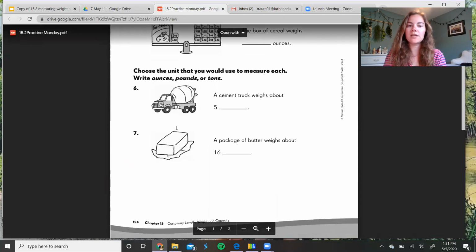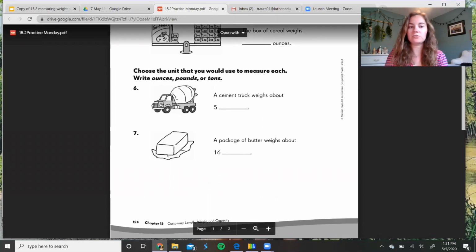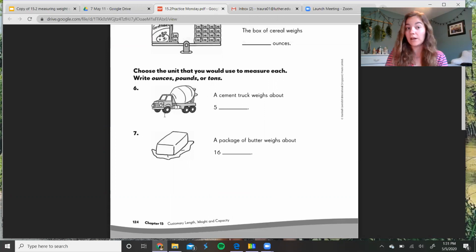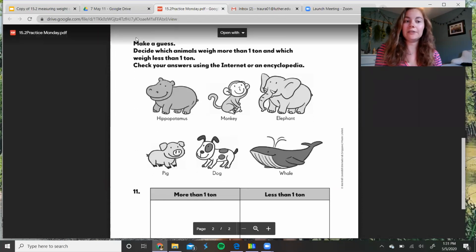These 2 questions, you're going to choose the unit that you would use to measure with. So would you measure this truck in ounces, pounds, or tons? And this is a package of butter. Would you measure that in ounces, pounds, or tons? And write that here. And then down here, you're making a guess. Decide which animals weigh more than 1 ton and which weigh less than 1 ton.